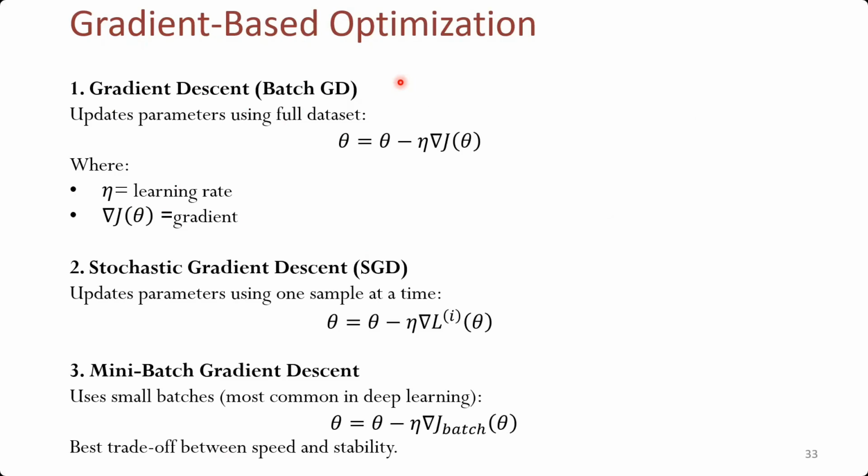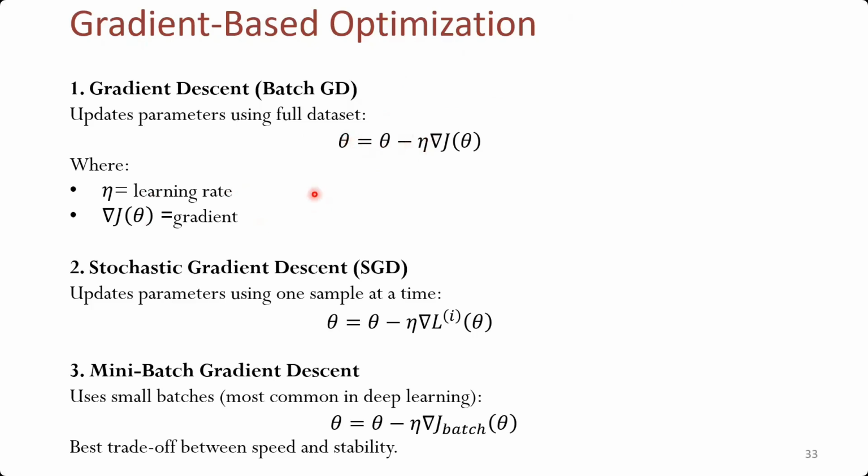Here, theta equals theta minus eta times the gradient of J(theta). This eta is your learning rate, which can also be denoted by alpha, and we are changing the value of theta, getting different values of theta.